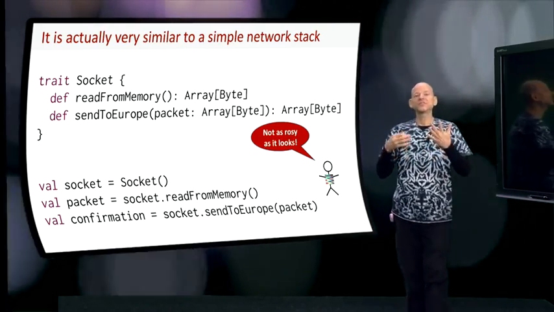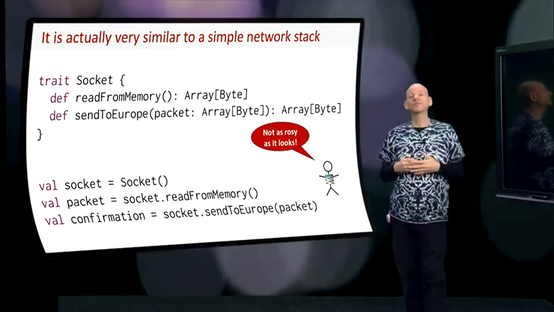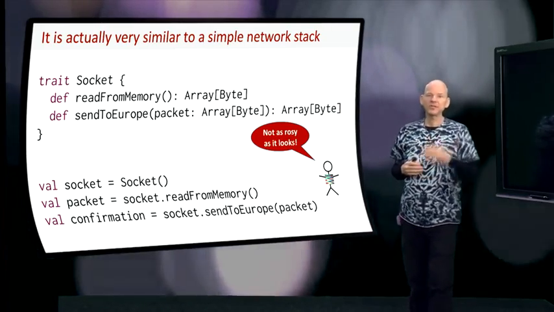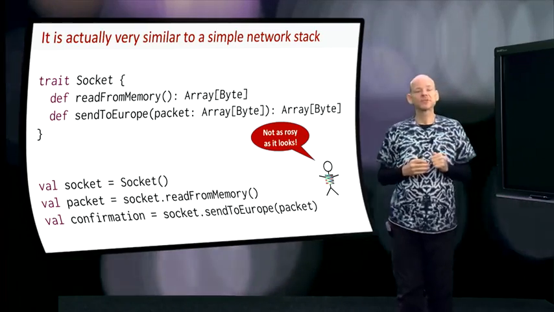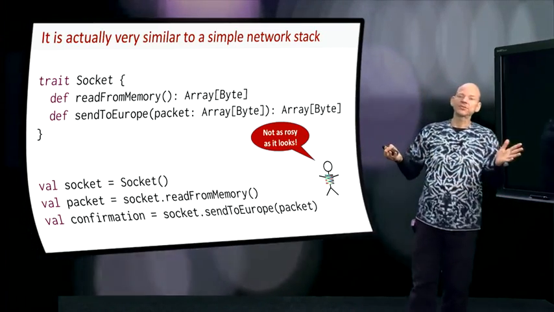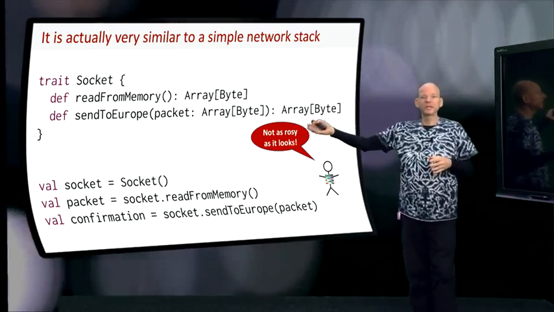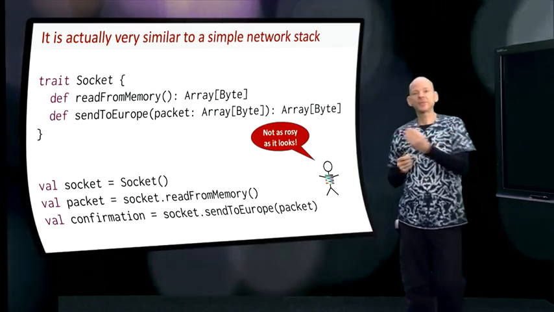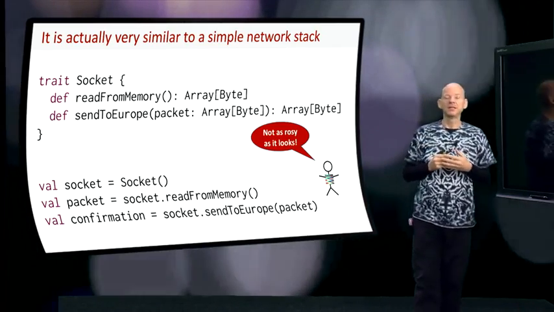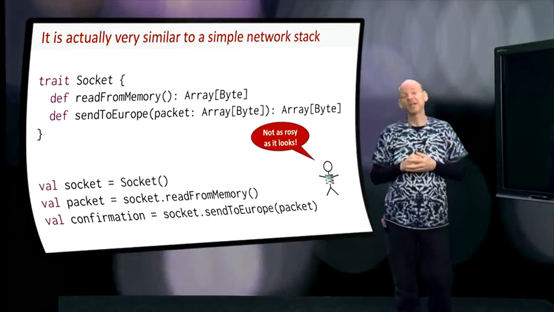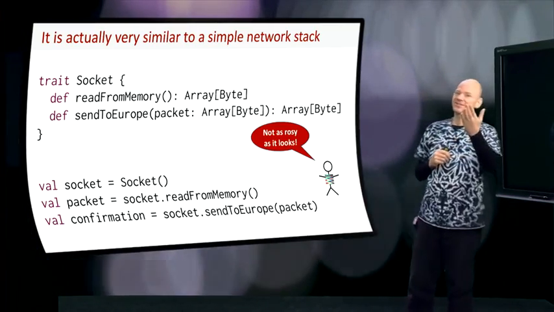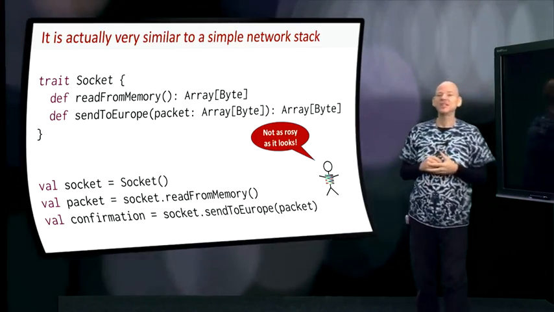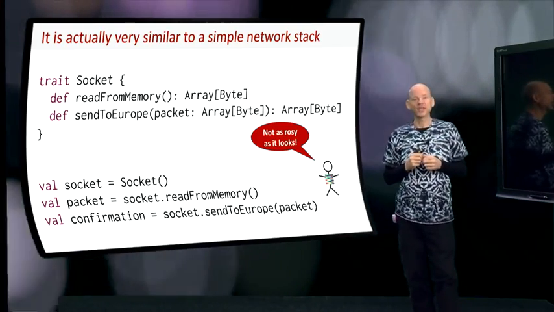But you see that the signatures have the same shape as our little adventure game, and our little script even looks the same. We're first creating a socket, we're reading from memory, we get an array of bytes, and then we send a packet to Europe and back. By now, you know that while this code looks easy, it's not as easy as you think.